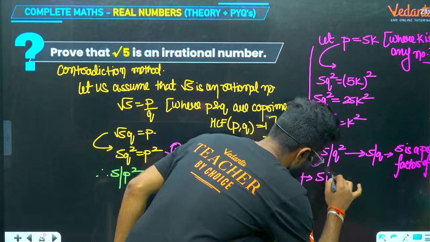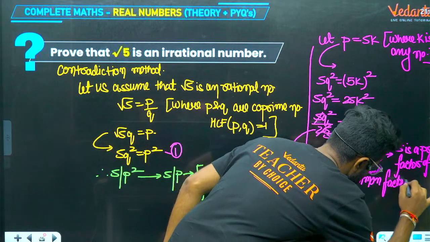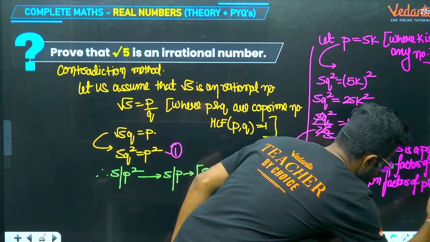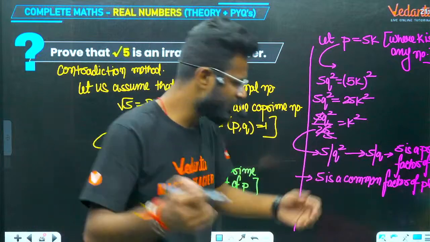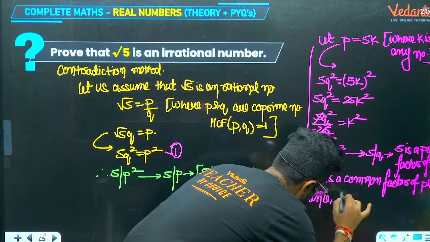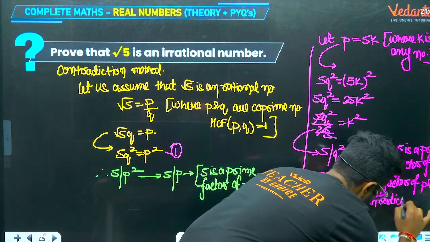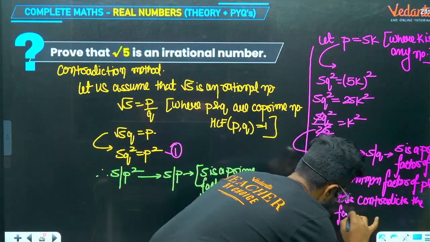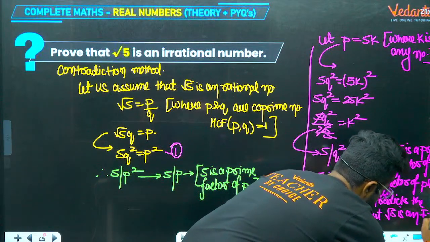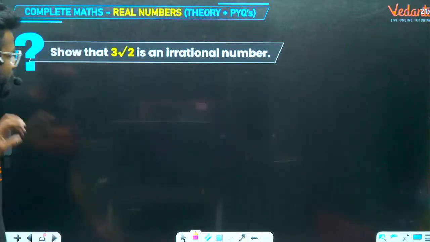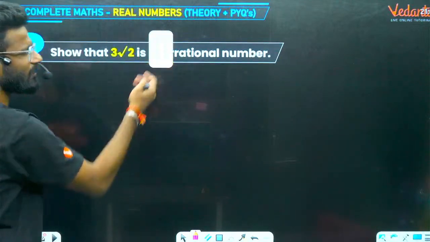Hence, this contradicts the fact that root 5 is a rational number, so root 5 is an irrational number. Simple.